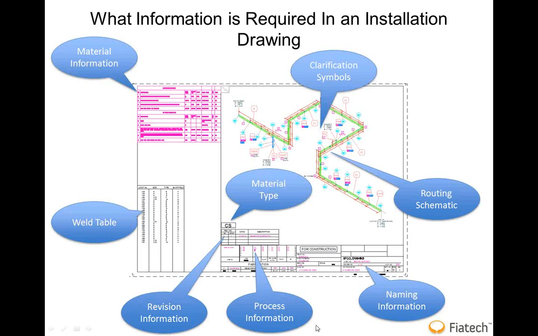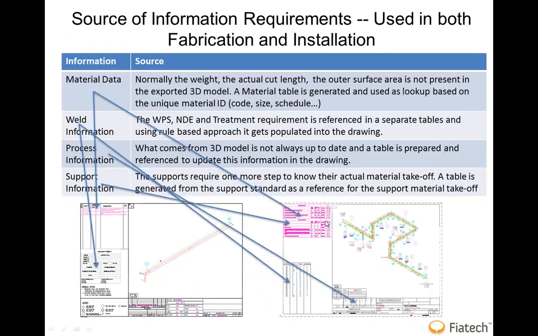And the rest, you can see also process information is available or put in this drawing, because normally this drawing is what goes into the test package, and whenever they are doing some testing, they rely on this information to know what kind of testing, what pressure, and what are the different process information required.